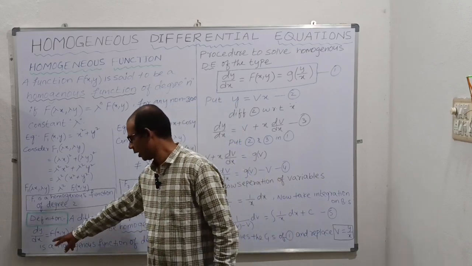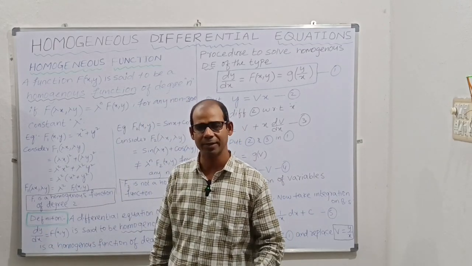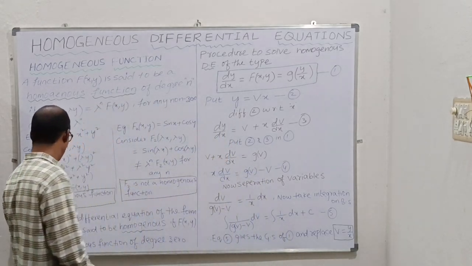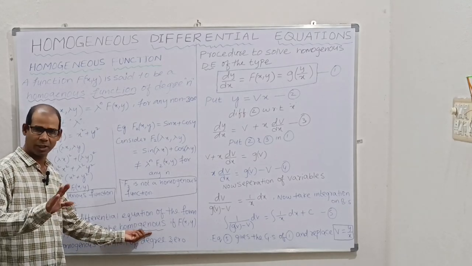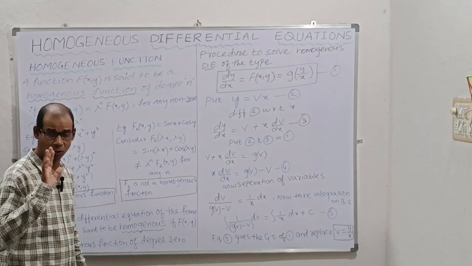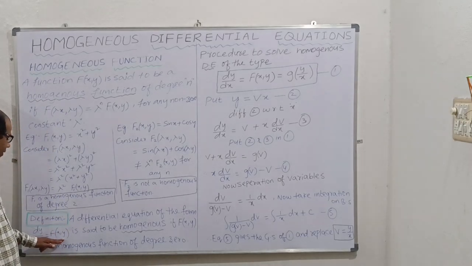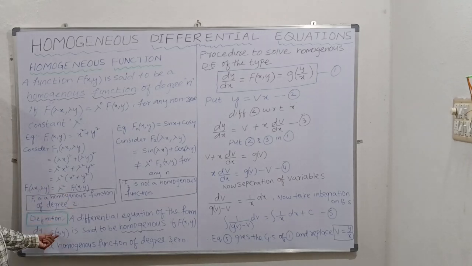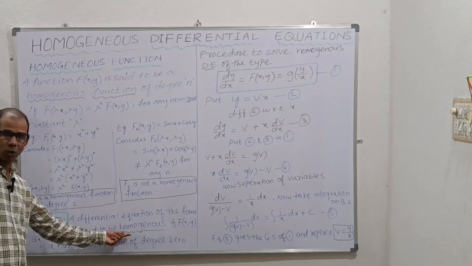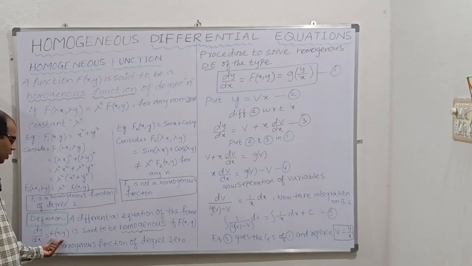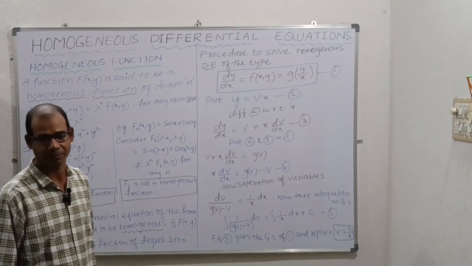A differential equation dy by dx is equals to f of x comma y is said to be a homogeneous differential equation if the function f of x comma y is a homogeneous function of degree 0. This is important, right? When will it be called homogeneous? When this function is a homogeneous function of degree 0.